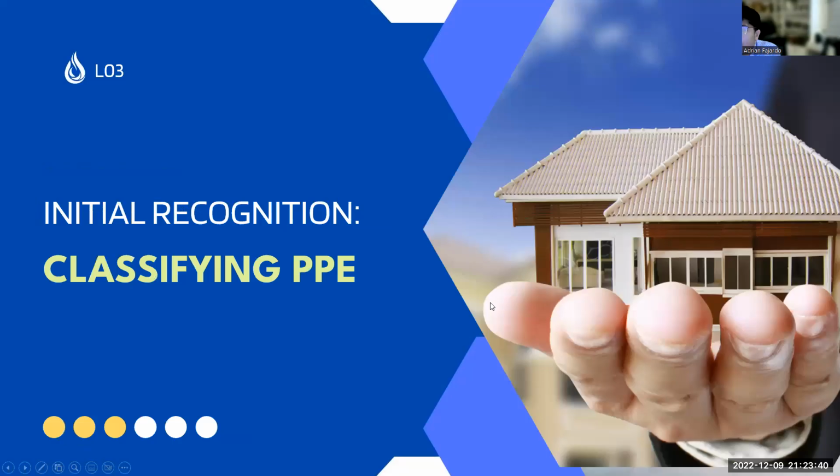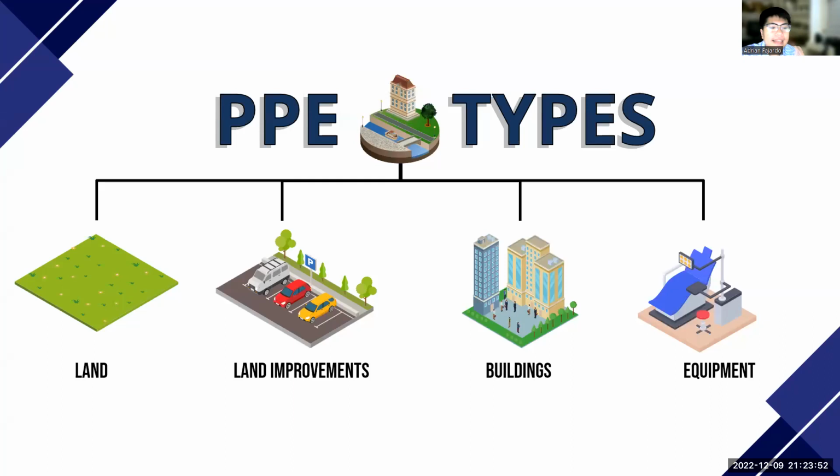So, before anything else, let's just have a quick walkthrough. Again, number one that we have to master is initial recognition, or classifying our PPE. In terms of PPE, there are major types: land, land improvements, buildings, and equipment.